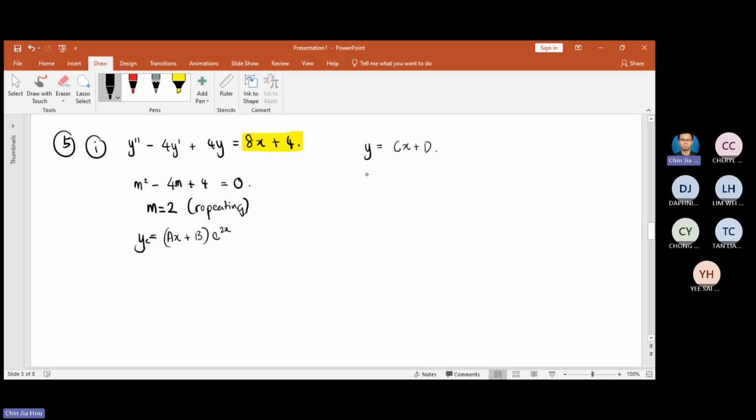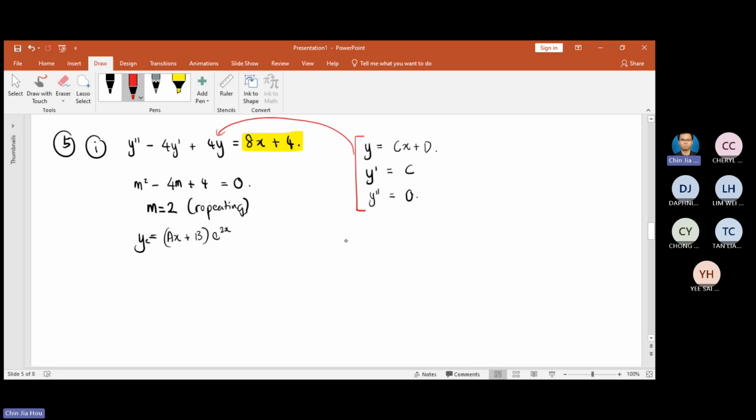So for the y here, if we differentiate it once, we get c. Differentiate it twice, we get 0. What are we going to do with the derivatives? We take all this expression and plug it into the left-hand side here. So what do we get if we plug in?